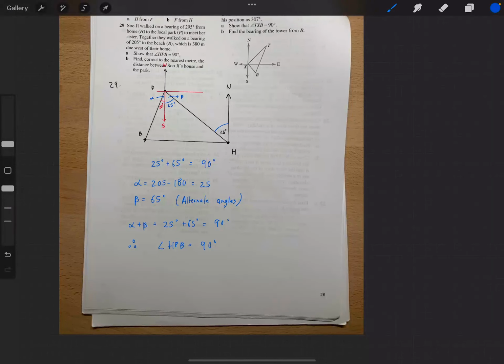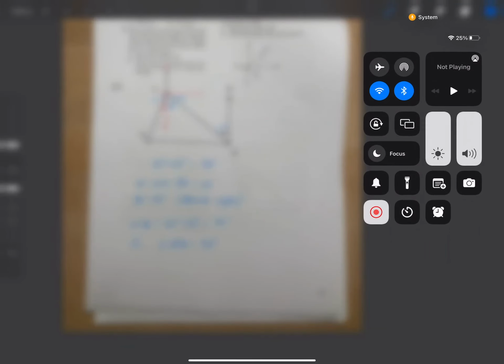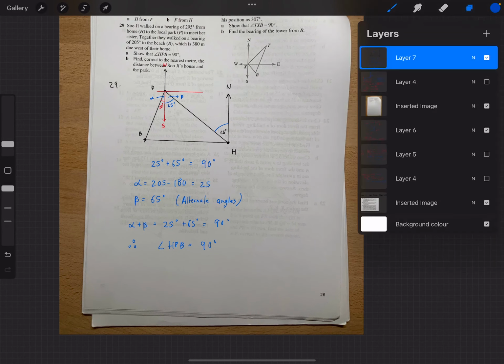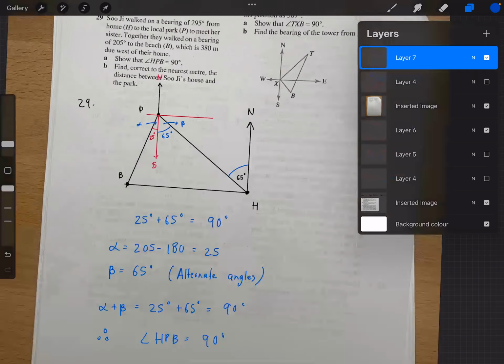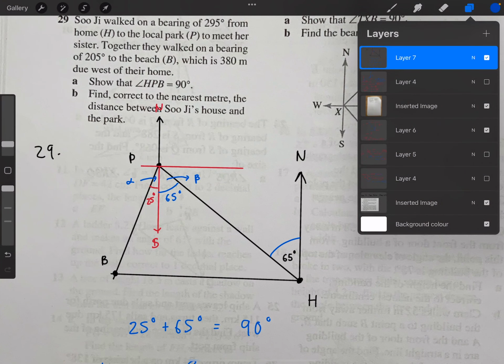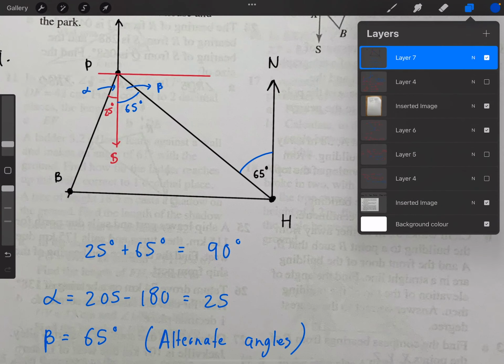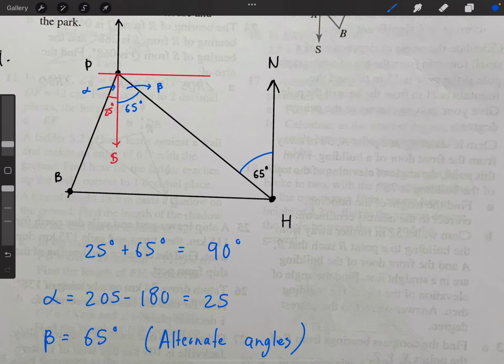Now the next part. Okay, question B. It says, find correct to the nearest meter the distance between Suji's house and the park. I forgot to write one more thing.